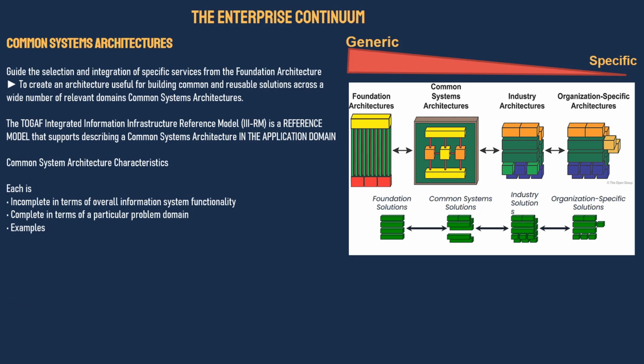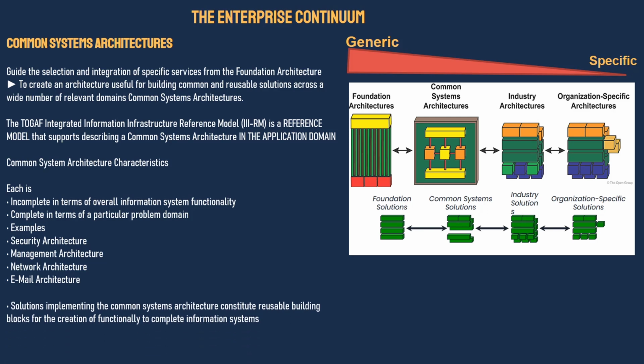Examples: security architecture, management architecture, network architecture, email architecture. Solutions implemented from the common systems architecture constitute reusable building blocks for the creation of functionally complete information systems.